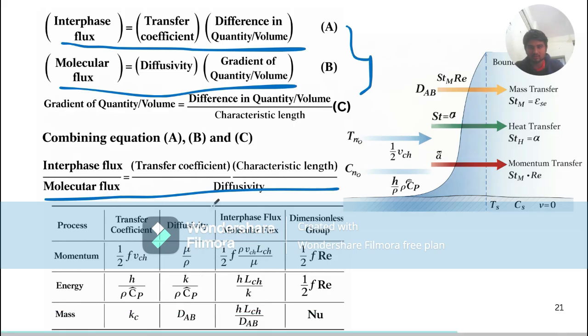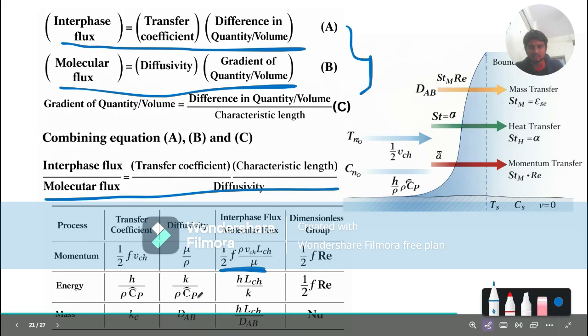Interface flux upon molecular flux equals transfer coefficient into characteristic length upon diffusivity. For momentum transfer, we get the following equation, where 1 by 2 F rho VCH is its transfer coefficient and its diffusivity is mu by rho. By substituting appropriate values in this equation, we get the equation for momentum transfer. As we know the Reynolds number is rho VLCH upon mu, we substitute it in this equation and we get 1 by 2 F Re.